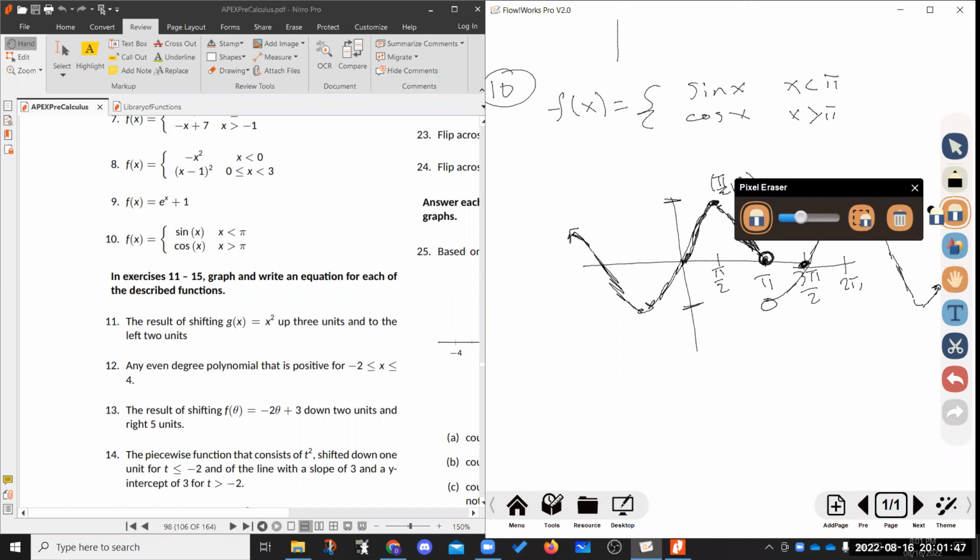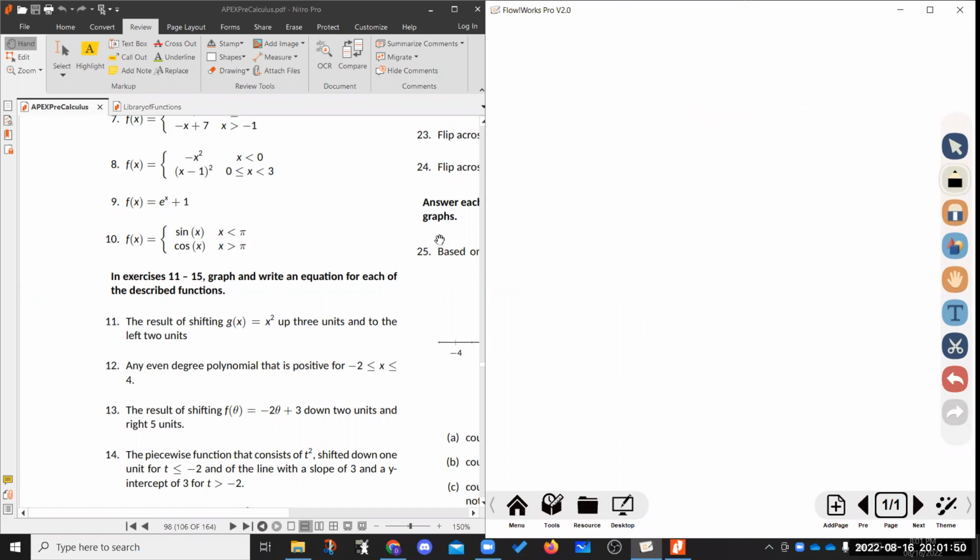Number 11 asks me the result of shifting the graph up 3 and left 2. So g of x is going to be x squared. We want that to be shifted up 3 and left 2.